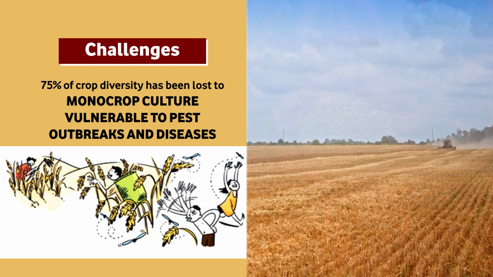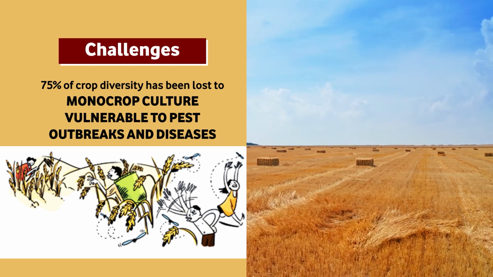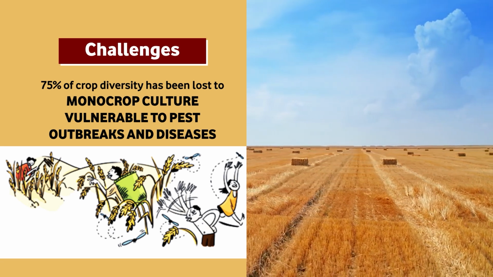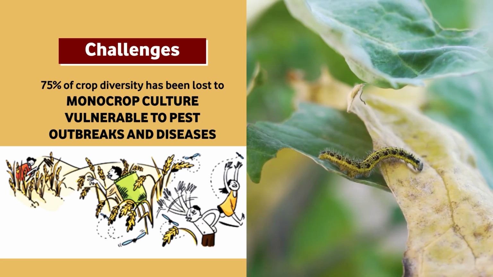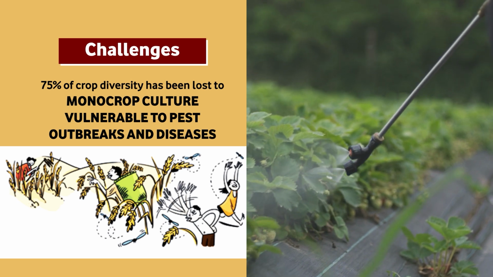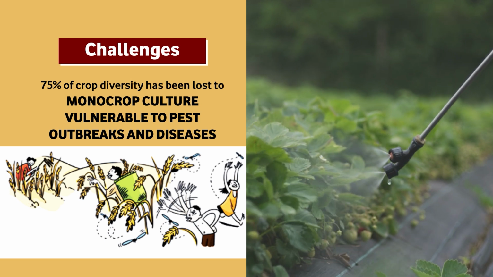We are approaching, or have already implemented, a monocrop culture system. Because of this, 75% of the crop diversity has been lost. That has a direct impact on the vulnerable, because the different pest and disease outbreaks are related to monocrop cultivation.